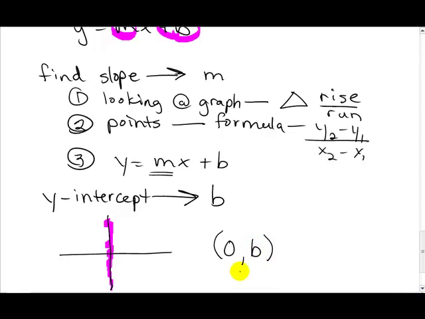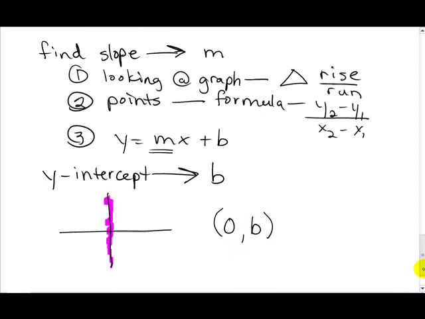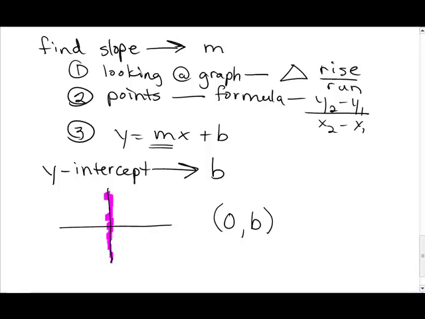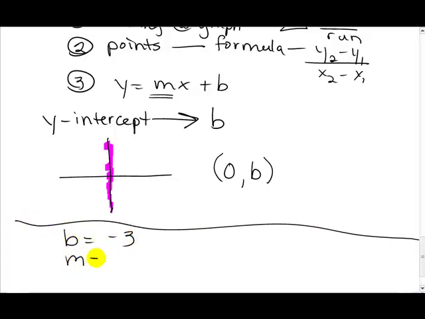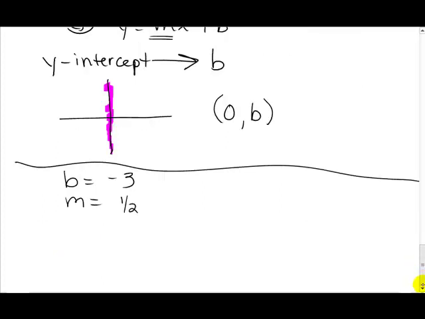That's our b. So we'll take this information and plug it into that equation. We need slope, we need the b, we need the equation. So if I'm given b equals -3 and m equals 1/2, then my equation is y equals 1/2 x minus 3.